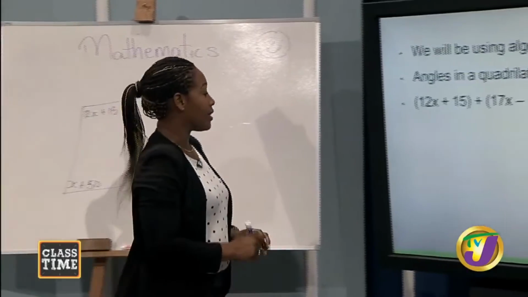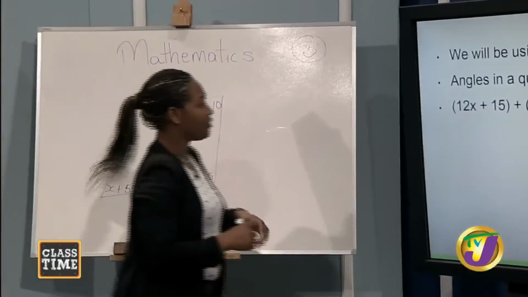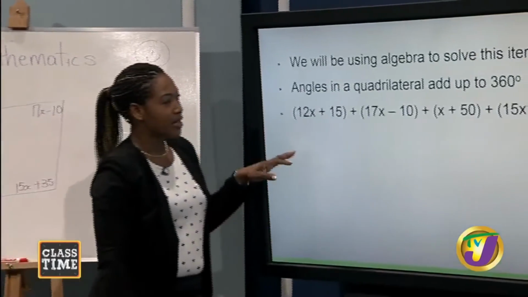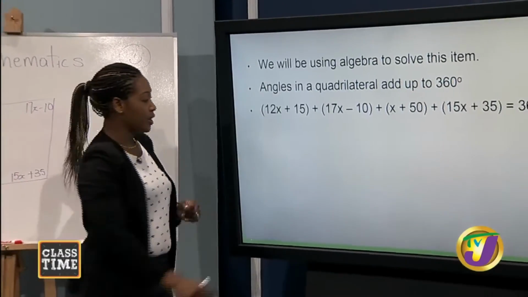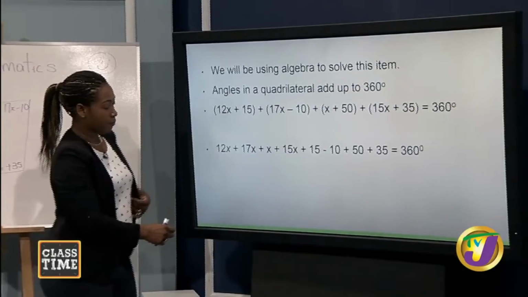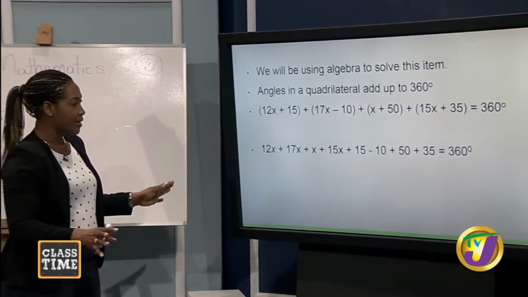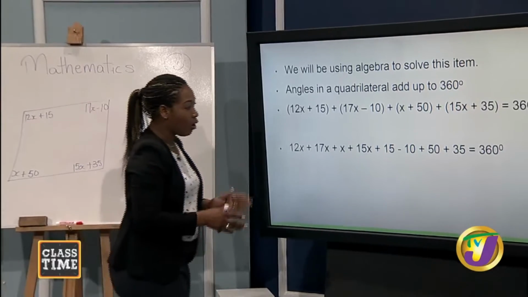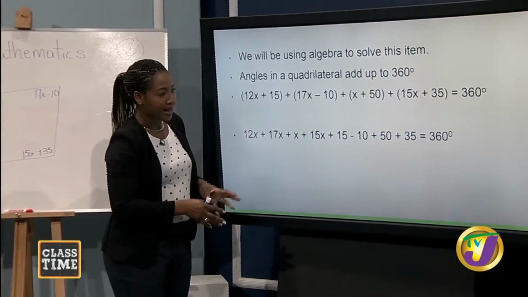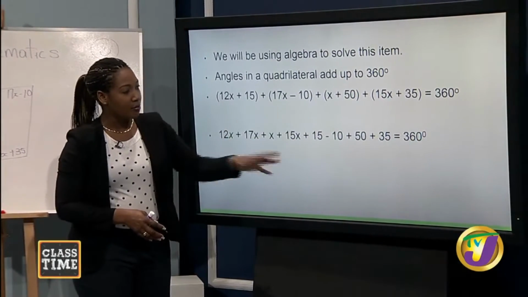All right, so let's look at that. So we'd have to add them, as you can see here. Let's move back to the screen. You have 12x plus 15, and it's all lined up, equaling 360. All right, we're going to remove the bracket, and we're going to group like terms. So all the x terms are placed together, and all the constants are placed together.